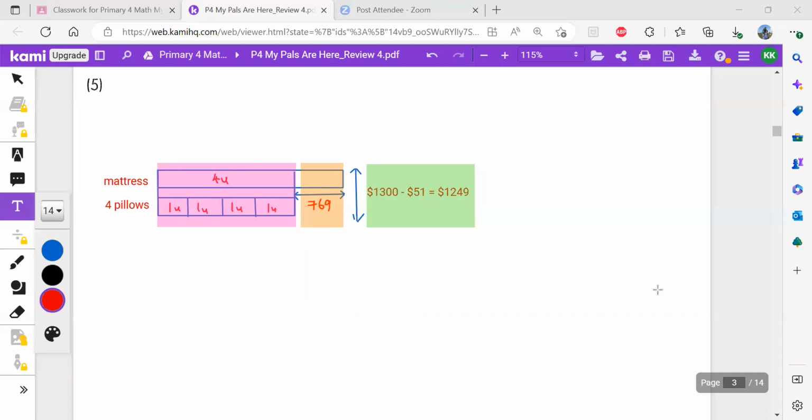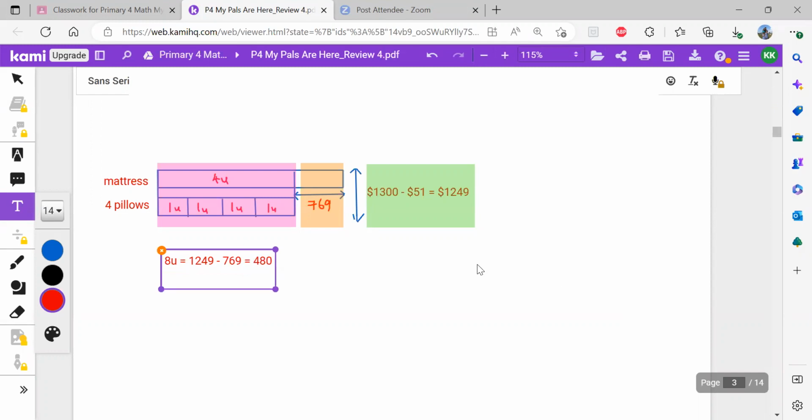So to find the 8 units is simply 1249 take away 769. And that'll give me $480.